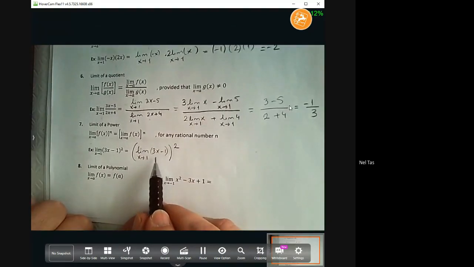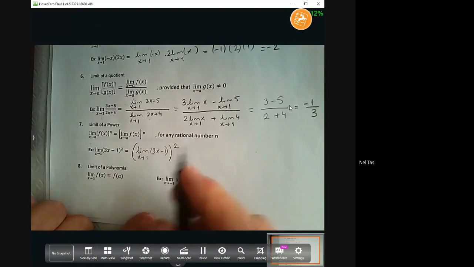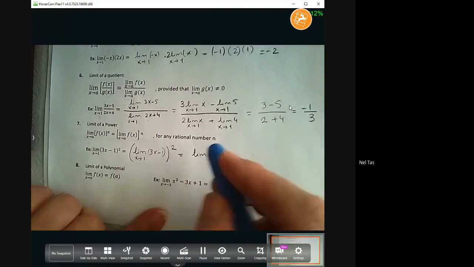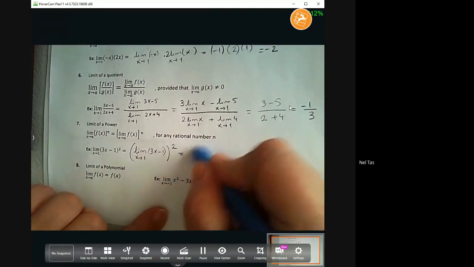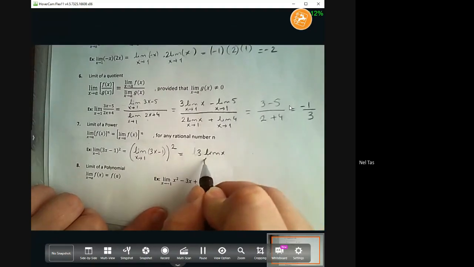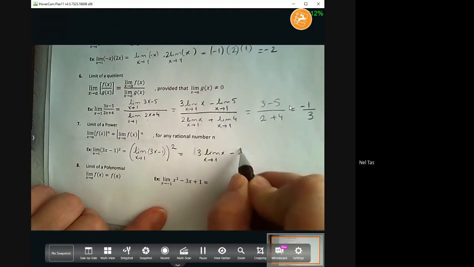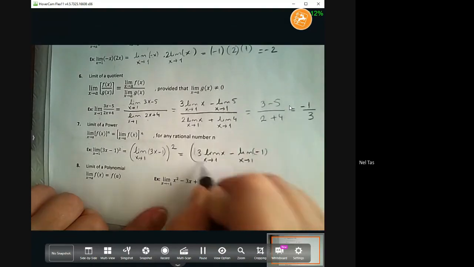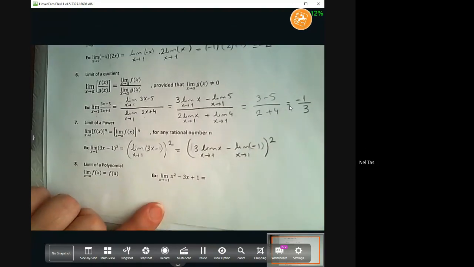Then again, you can do the limit of 3x, which can be written as 3 times the limit of x as x approaches 1, minus the limit of 1 as x approaches 1, squared.